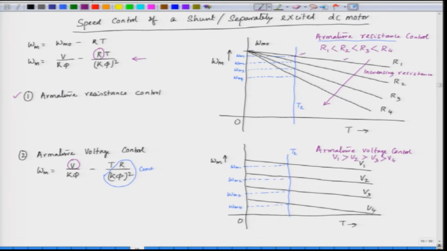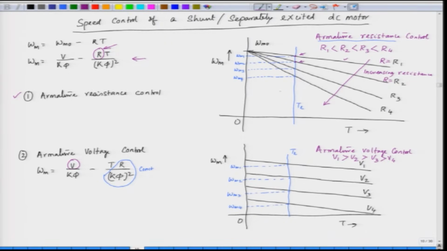Now, this is the first operating point corresponding to the armature resistance R equal to R 1, and when we make R equal to R 2, the characteristic is the second one, and this intersection is at this point, and the corresponding speed is omega m 2.